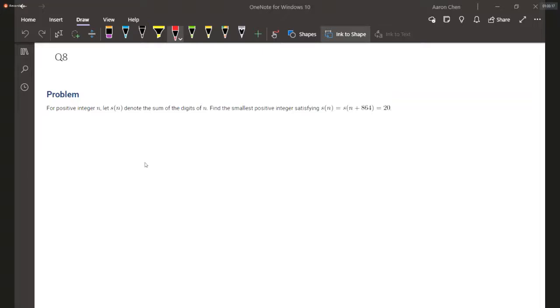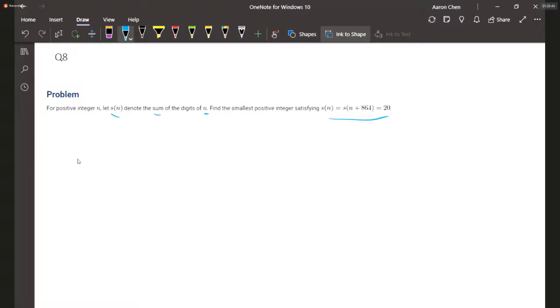All right. So I'm going to start going over this problem now. For a positive integer n, let s of n be the sum of the digits of n. And so you want to find the smallest positive integer n such that the sum of the digits of n and the sum of the digits of n plus 864 is equal to 20.